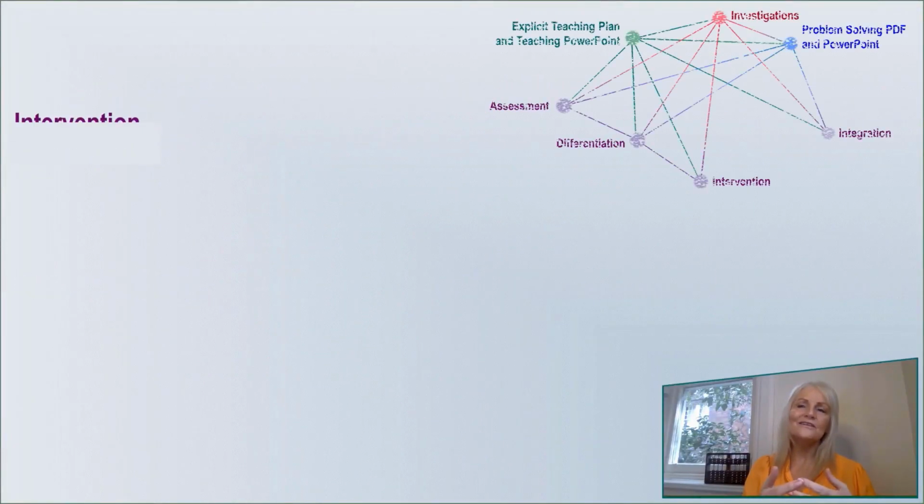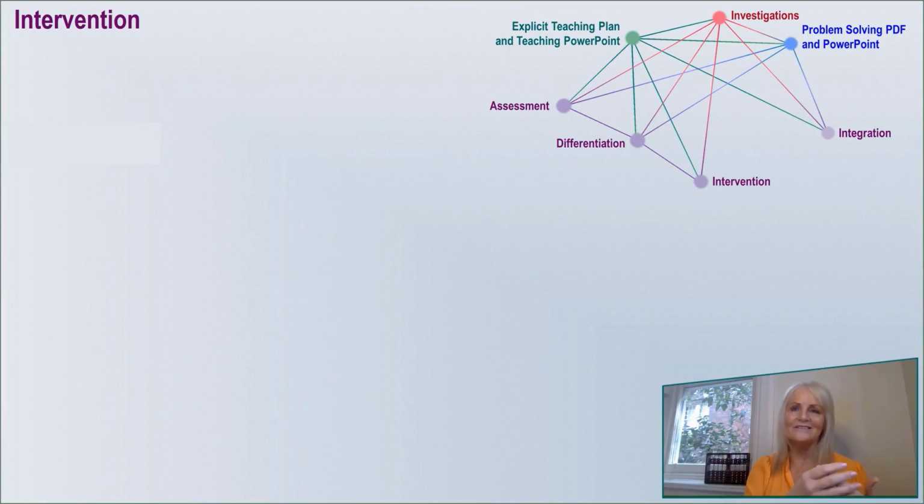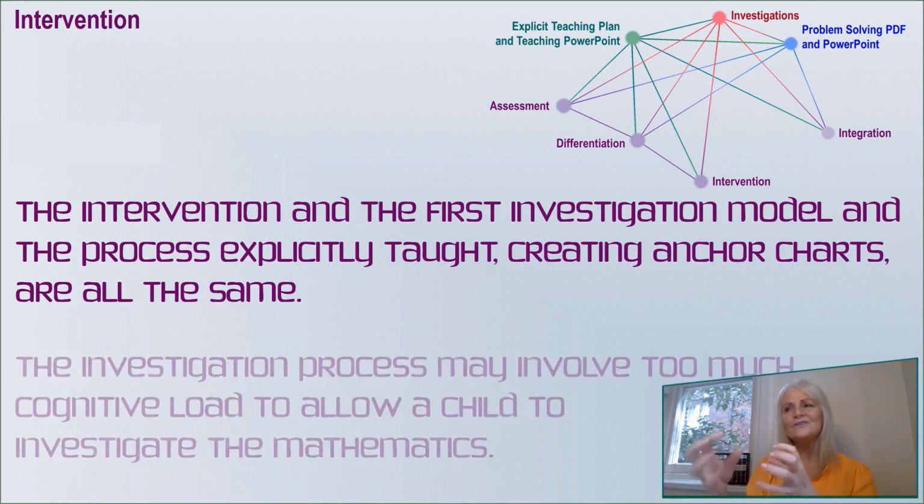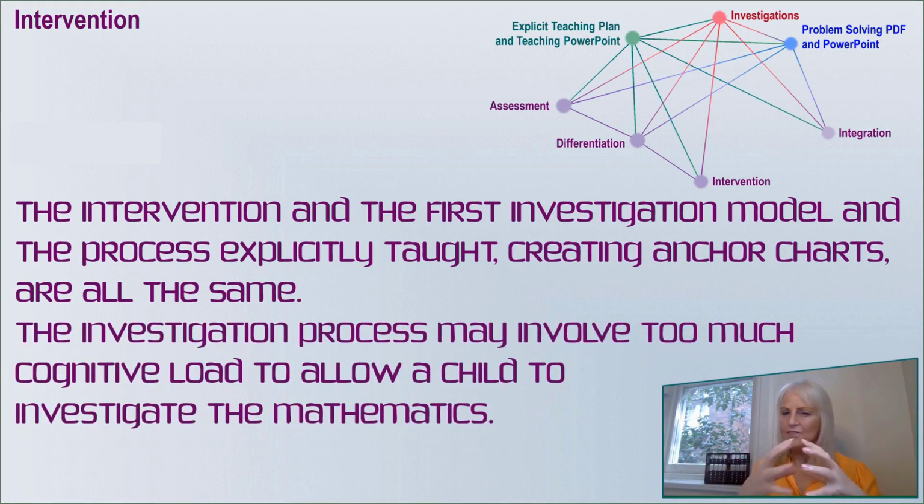We talked a little bit about these intervention charts when we were looking at the investigations. The intervention charts are the same as that first level of the investigation, the first investigation, which is the same as the way that we're explicitly teaching, so it's the same as our anchor charts. But there may be some children who are ready to investigate this level, but the model, the process, is going to take up way too much cognitive load to allow them to investigate the mathematics.